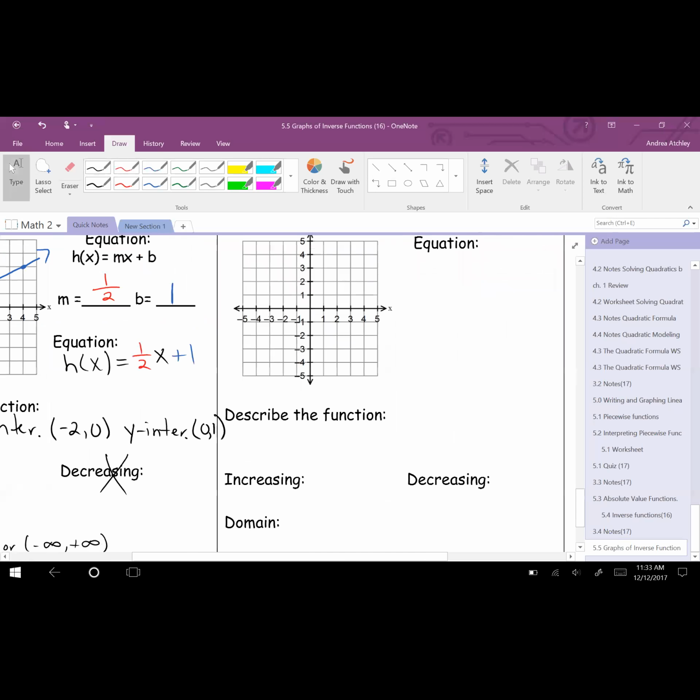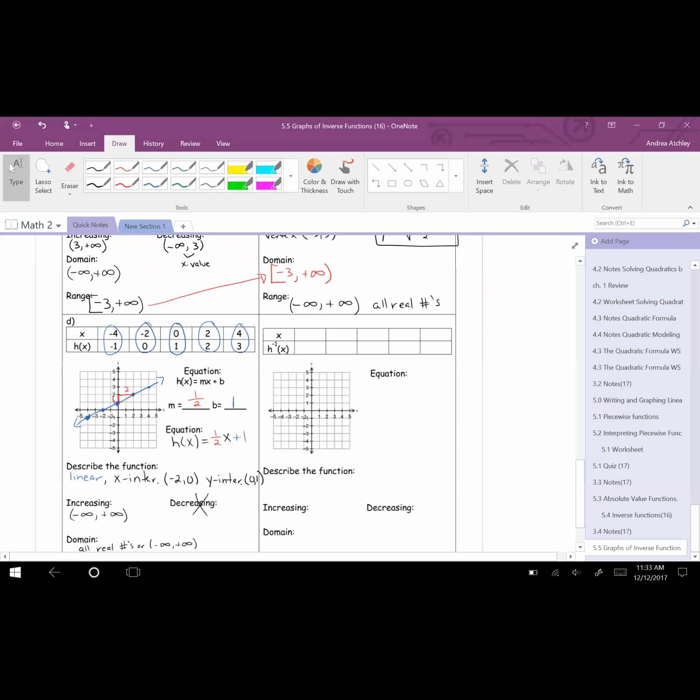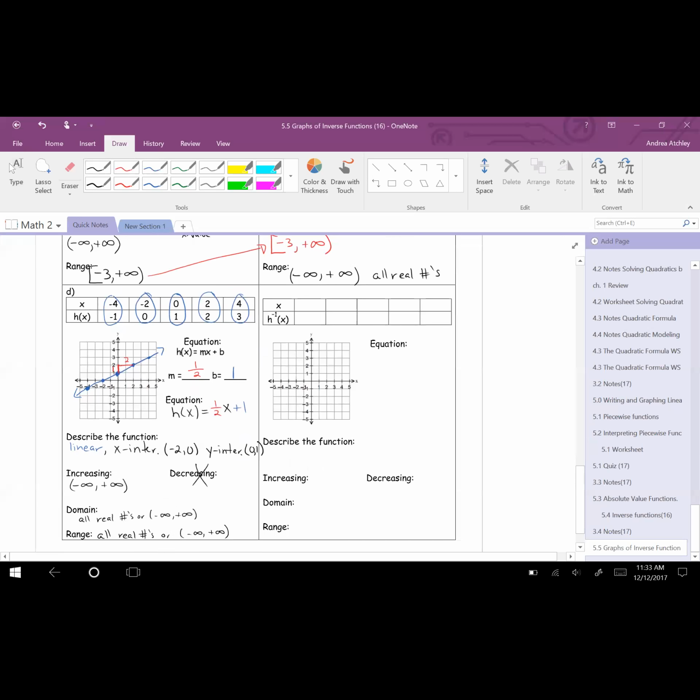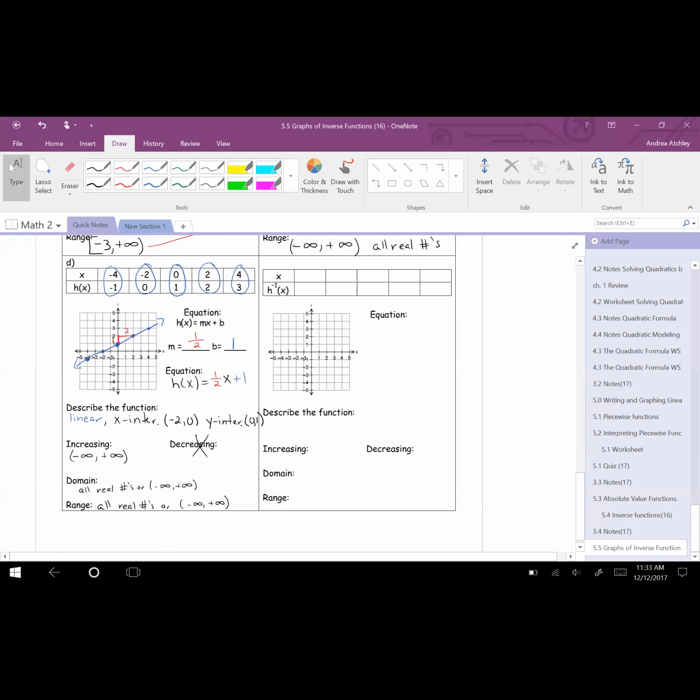Okay, so now we're going to graph the inverse. Remember your inverse of ordered pairs, the x and y values just switch places. So my y values become my x values, and my x values become my y values.